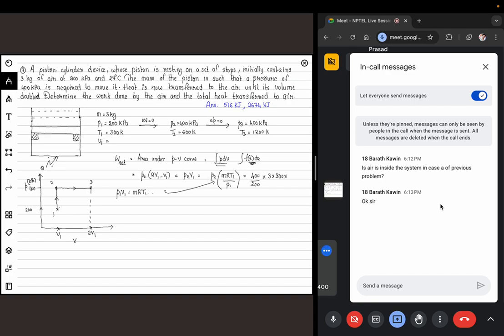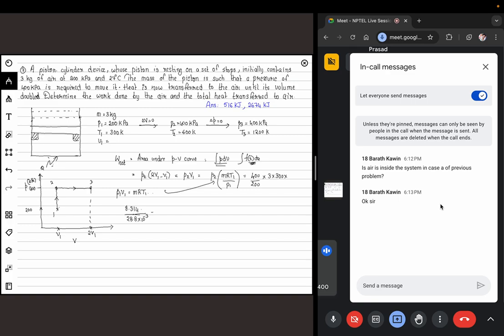What should be the value of R that I should be using? It's not the 8.314 that you might have already been used to. The 8.314 you should use in terms of moles, but here we are talking in terms of kilograms. So the R value you should convert into kilograms. 8.314 is joule per mole Kelvin, so I have to divide it by the molecular weight. The molecular weight of air, since nitrogen is the dominant component, you can approximate to be 28.8. It will be in grams, so I'm converting into kilograms.